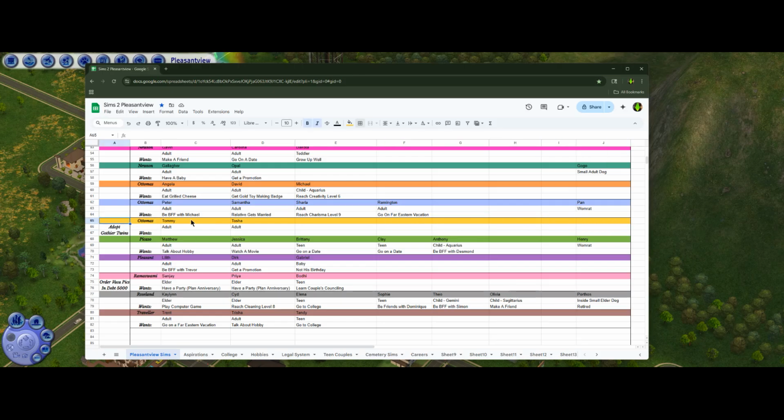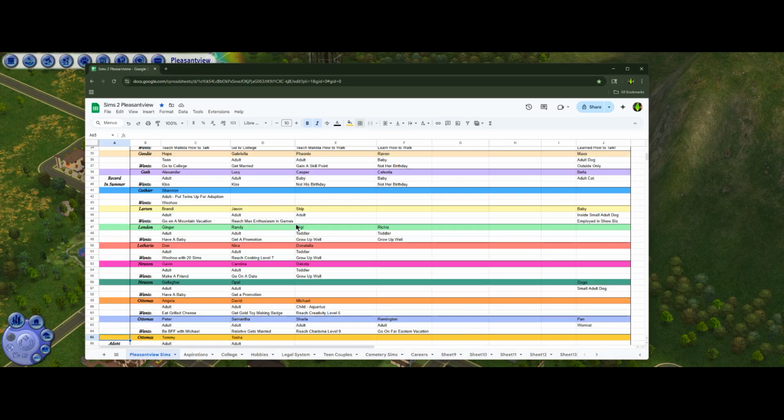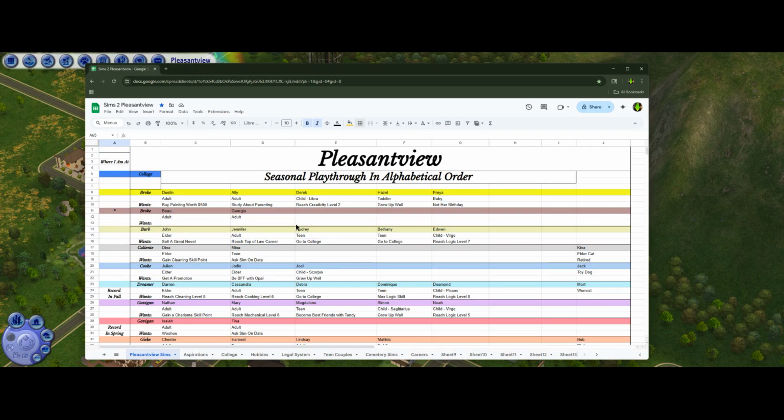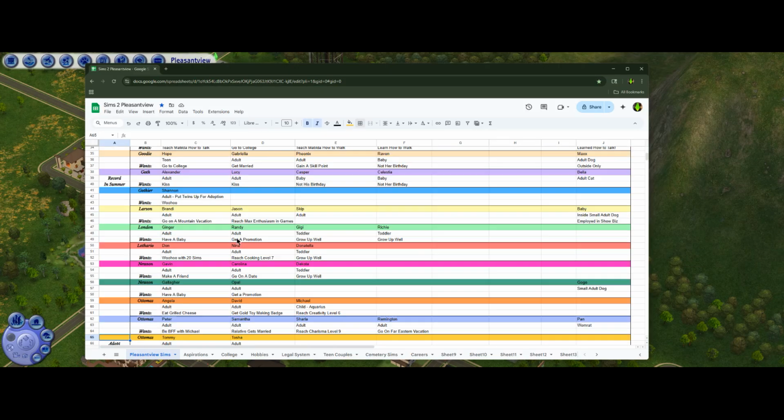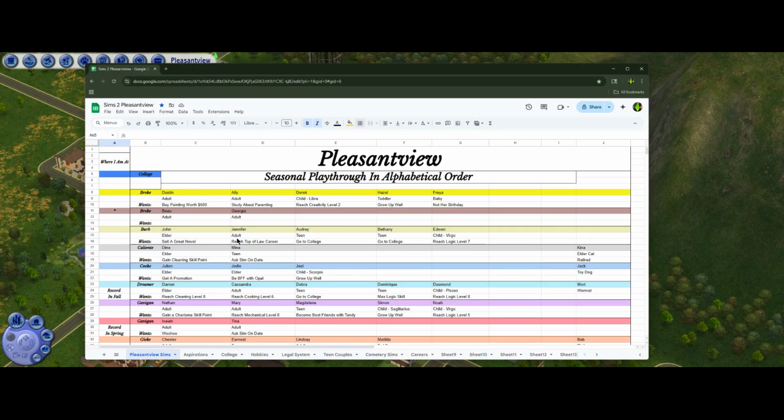So that's the big idea on that. None of my babies are left behind. They will have somebody to love them, and that's just my preference. I don't like leaving my babies in the void when they're gone to be adopted or whatnot. But anywho, yep, that is my Pleasantview Sims tab, and let's go on to the next one.